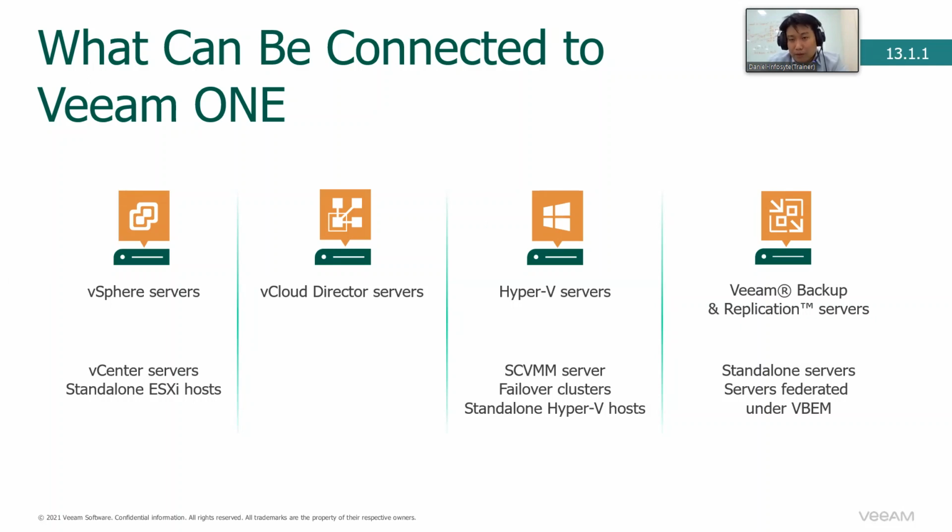So when I already have this Veeam ONE software installed, what is the functionality mainly? Veeam ONE is the monitoring and reporting software by Veeam. You will see that from your backup server, there is actually limited information available.